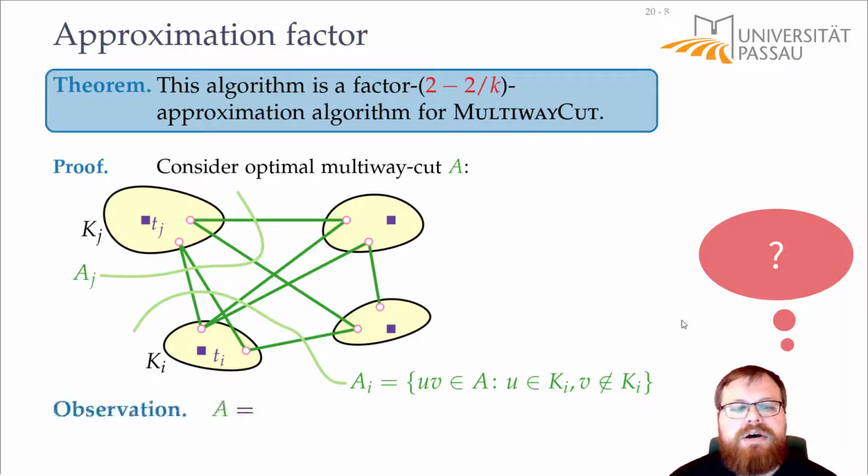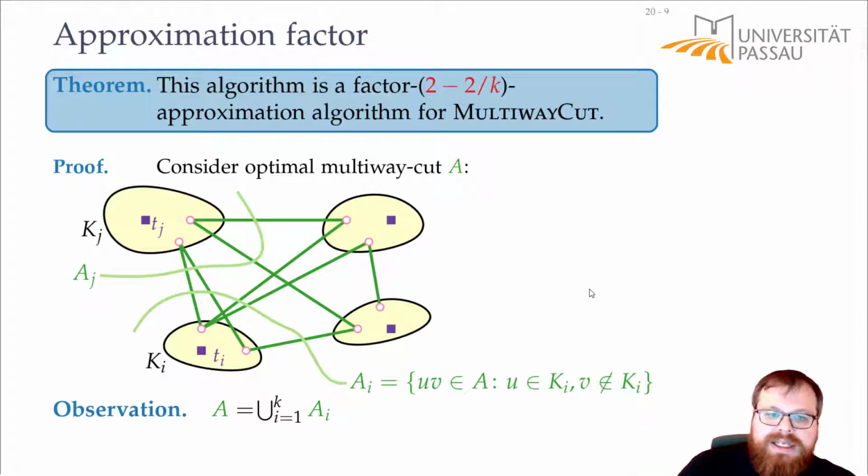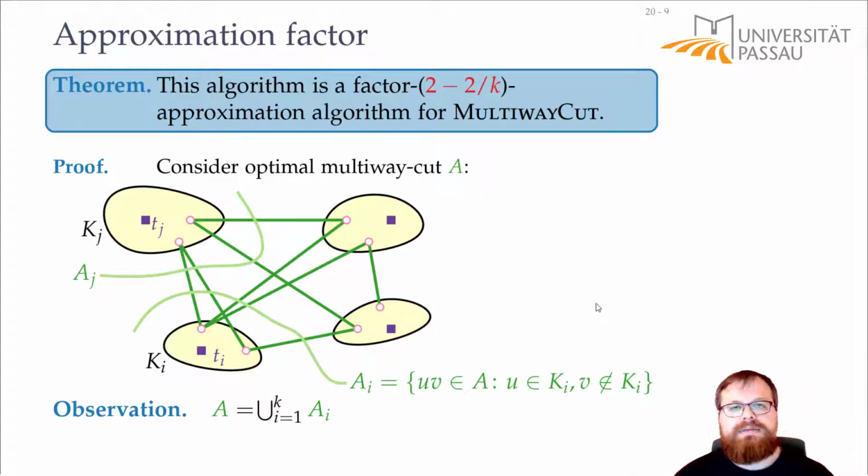And what other observation can we find? Can we somehow estimate the cost of A in terms of these Ai's? Well, first of all, every edge of A must lie in one of these sets. If it doesn't, then it doesn't have to be in our multi-way cut. We could just get rid of it.